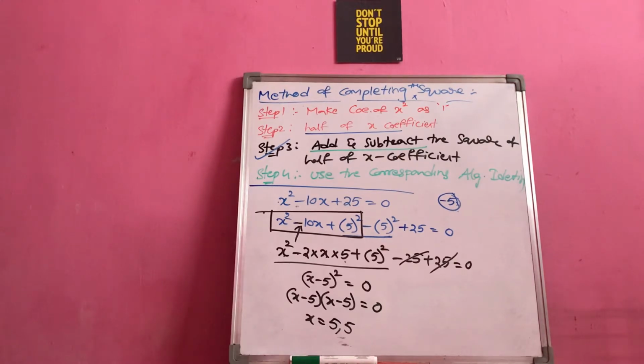And the last important point is, when it comes to using the algebraic identities, the sign that they have given in the middle term itself will tell you which identity we have to use.